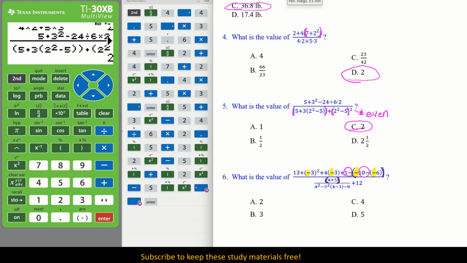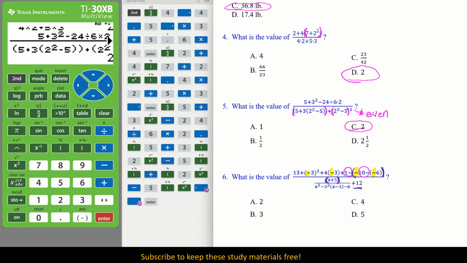I don't see anything with absolute value, anything weird going on. In every one of the minuses, we use actual subtraction. So we don't have to type a negative for those. So we're okay. And then we just need to make sure that we arrow all the way over to do the plus 12.